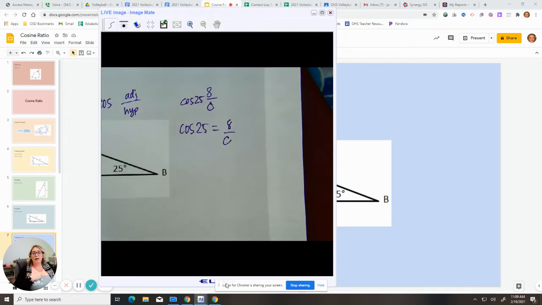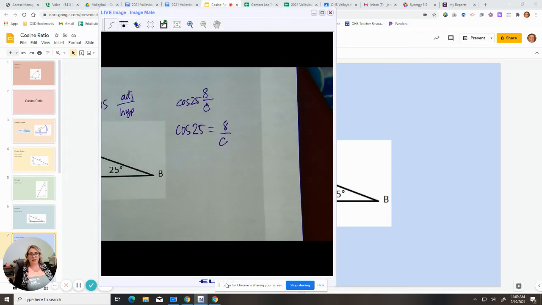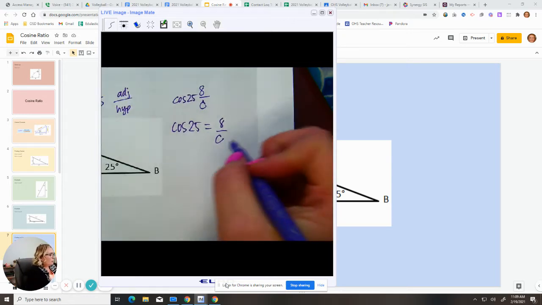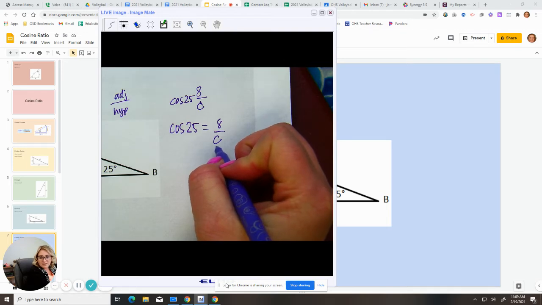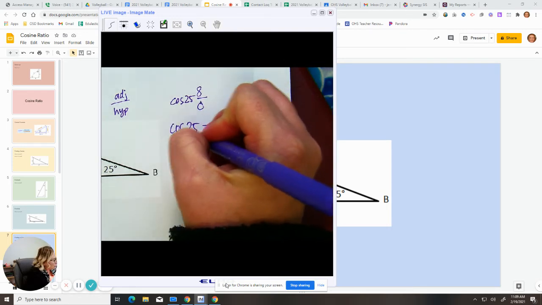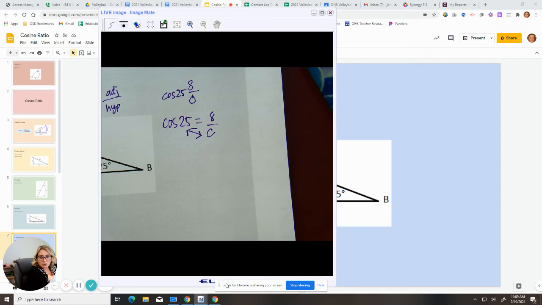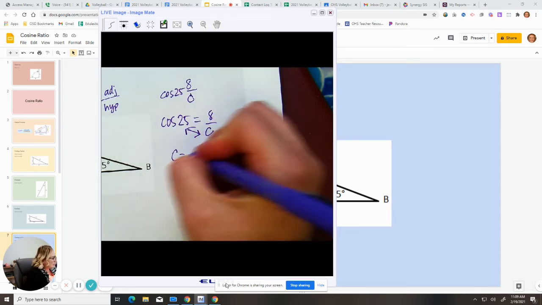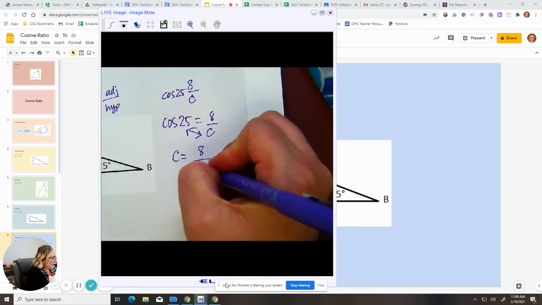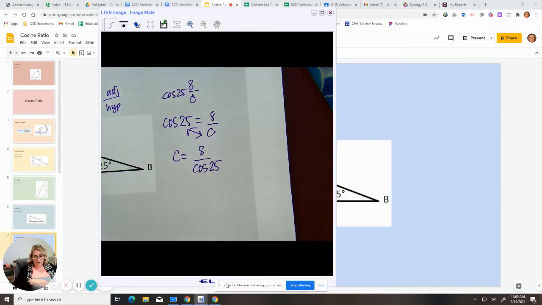Okay, and so like I was talking about in tangent or in sine, if your variable you're solving for is in the bottom, you have to flip-flop those two so that C is equal to 8 divided by the cosine of 25. That only happens when your variable is in the denominator.